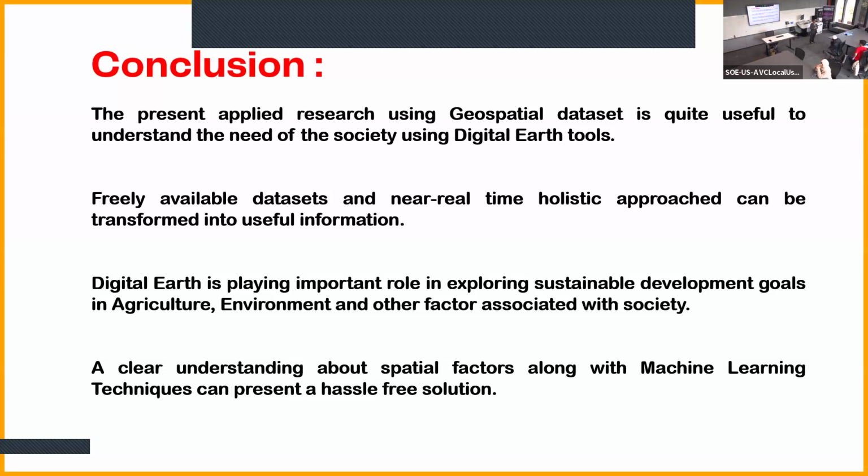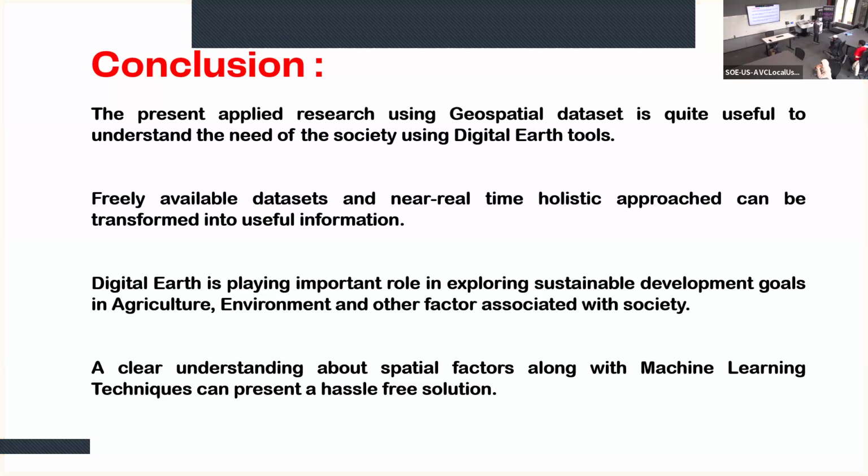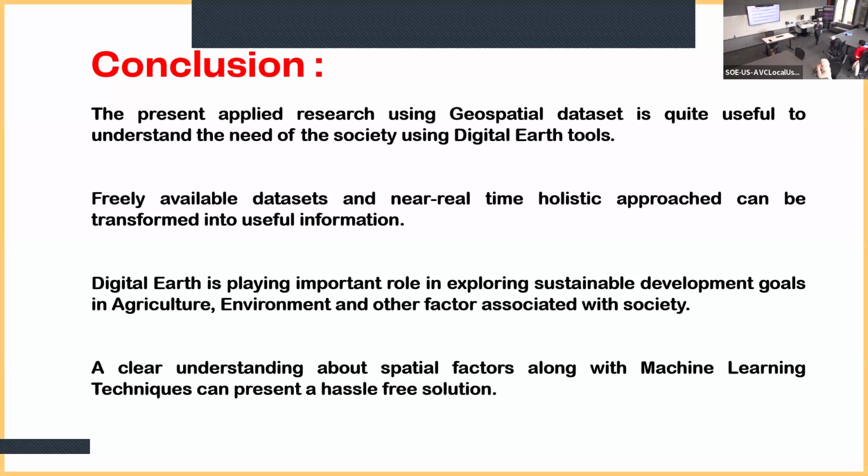But you can develop your own system, and you can get freely available data sets for different types of applications, whether it's agriculture, town planning, disease mapping, or cyber crime. So for any type of information, you can use this type of data sets.